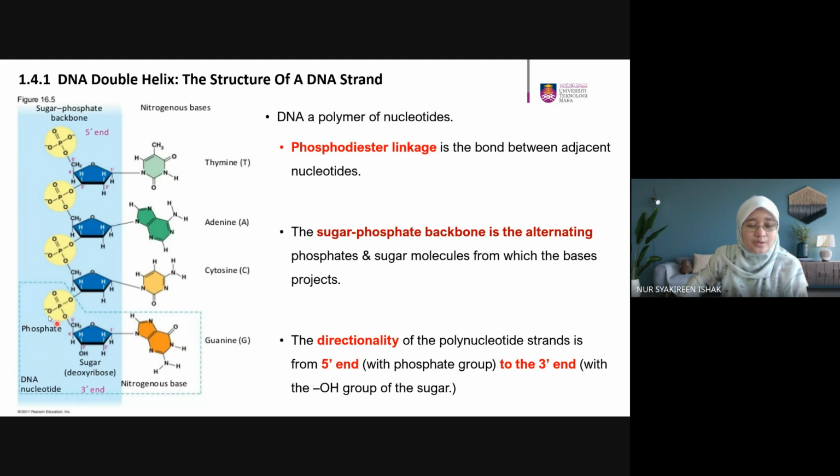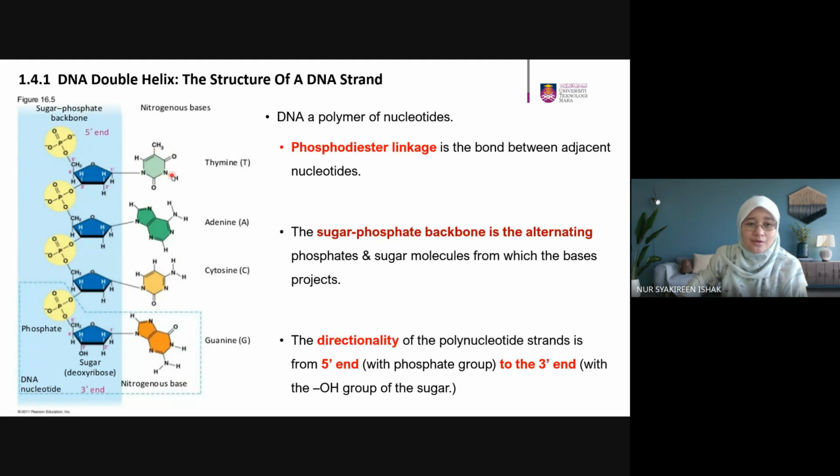So a nucleotide is composed of a phosphate bonded to a 5-carbon sugar bonded to a base. Okay, so there's 4 types of bases that are found in DNA, which is thymine, adenine, guanine, cytosine. Okay, so the bases are grouped based on its structure. So whether it is single ring or double rings.